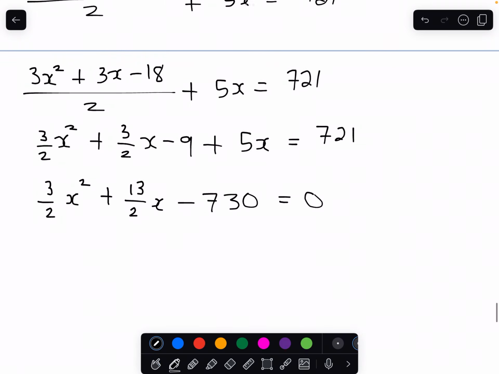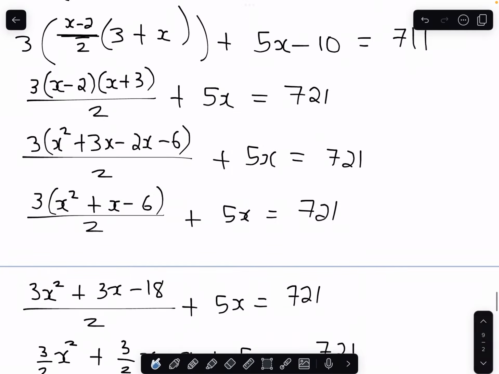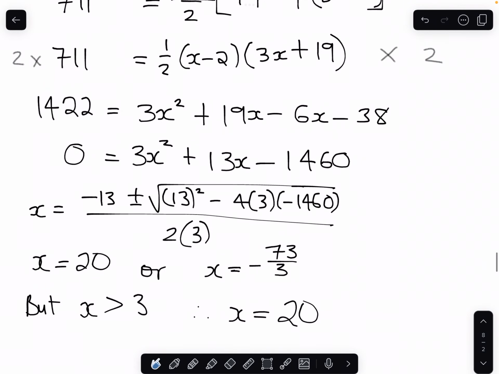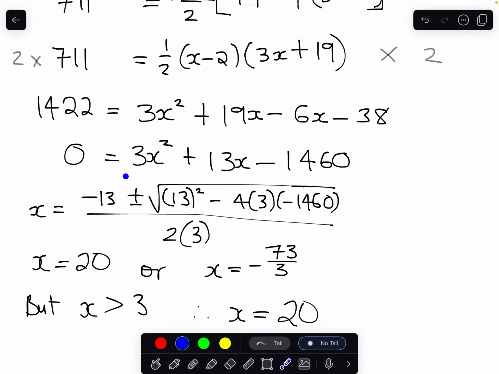And I guess it's the same quadratic if I multiply through by 2. Doesn't look like it. Oh, it is, right? That's the one we ended up with before. It would be scary if it wasn't. 3x squared plus 13x minus 1460.